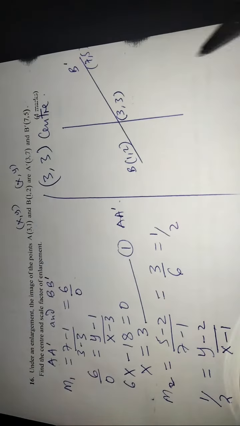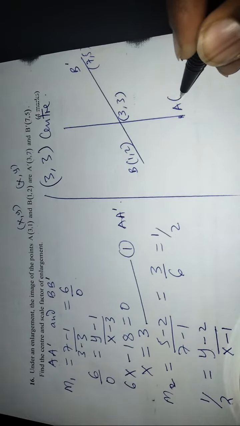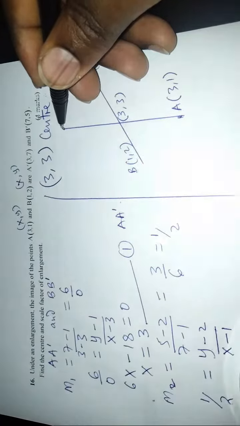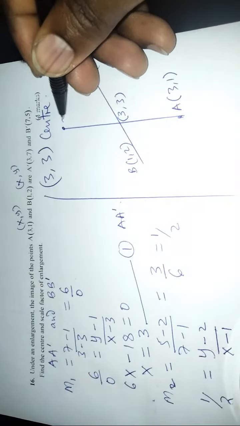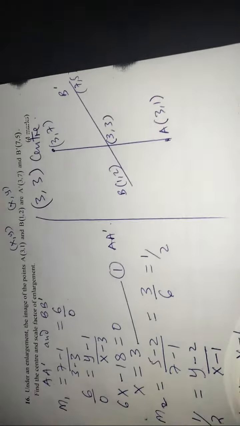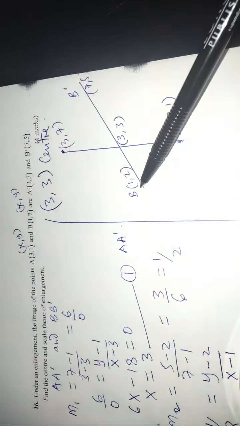The other one, whereby we have A as (3, 1) and A prime as (3, 7). Therefore, we have now an ideal situation whereby A prime, B prime are intersecting at (3, 3).